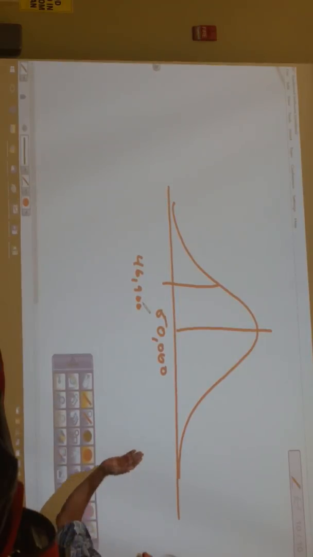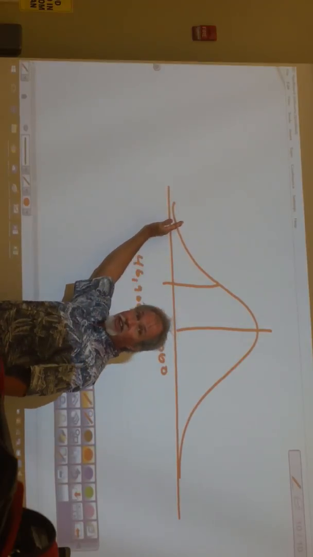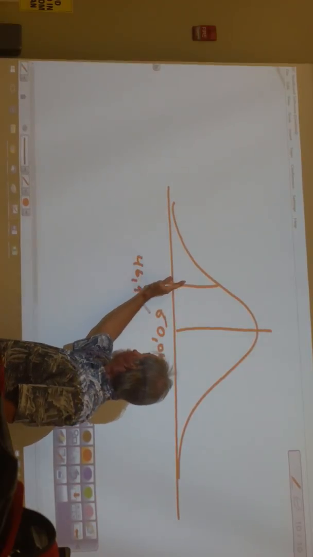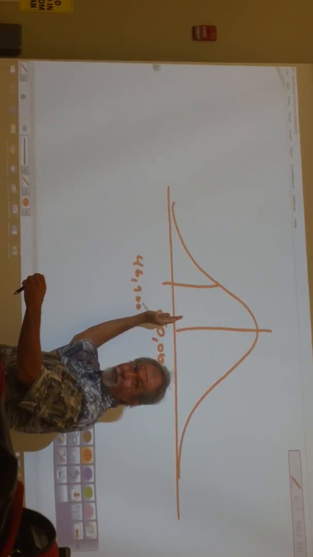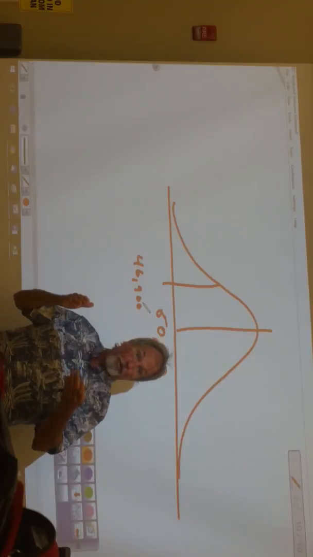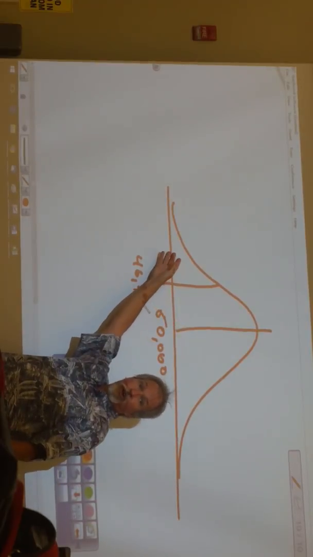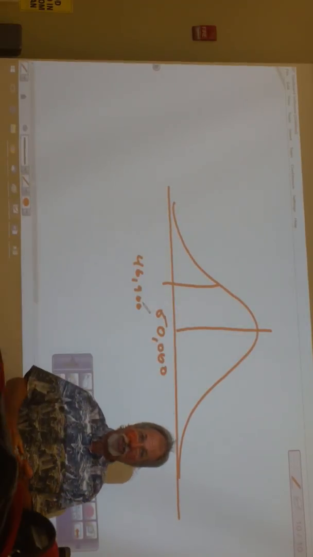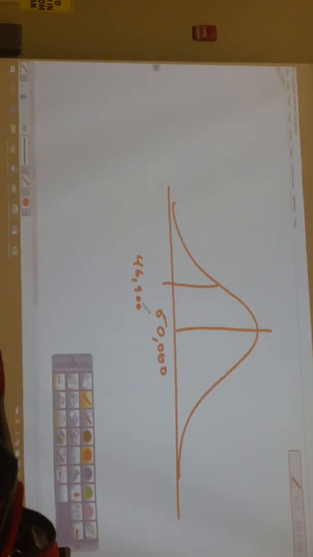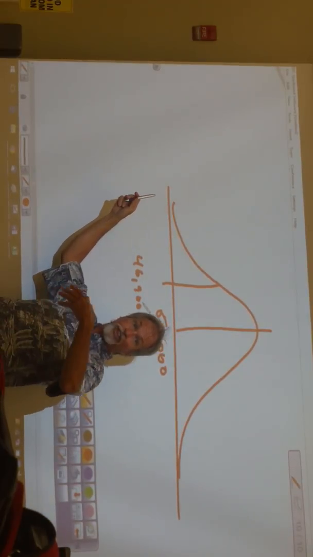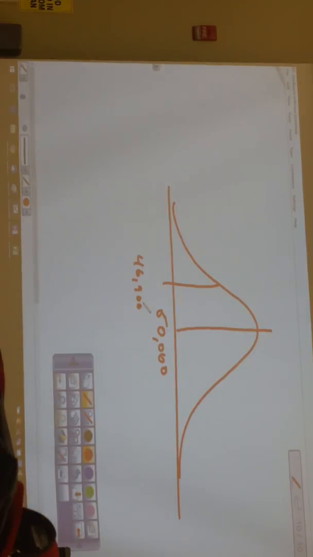The farther this gets down here, the less likely it is to occur. The closer we are to the meat of the table, the more likely it is to occur. So is it too far away from the mean? Is it more than 1 or 2 standard deviations from the mean? That's what we're going to try to test and prove. If it's too far out here, we can reject the null hypothesis. Okay?